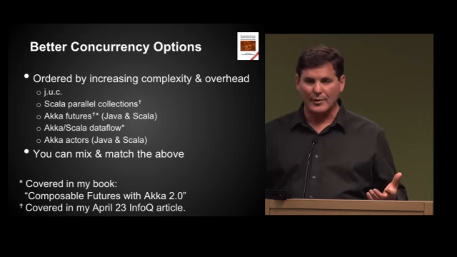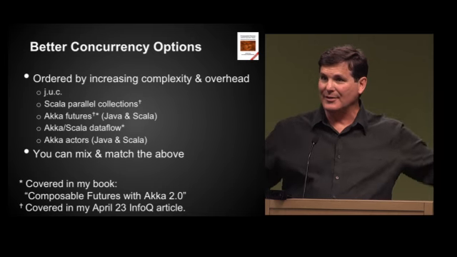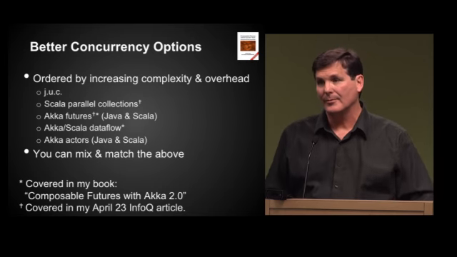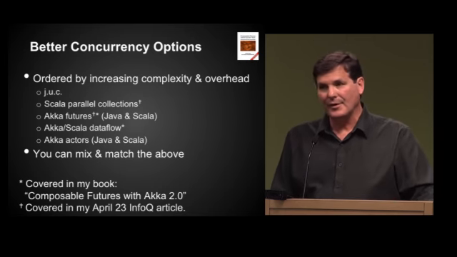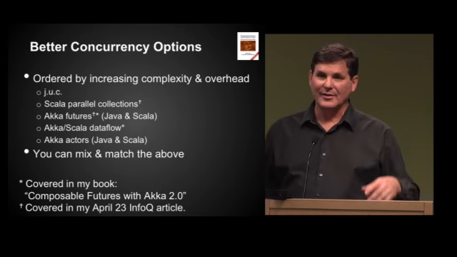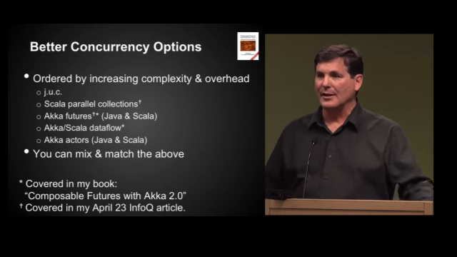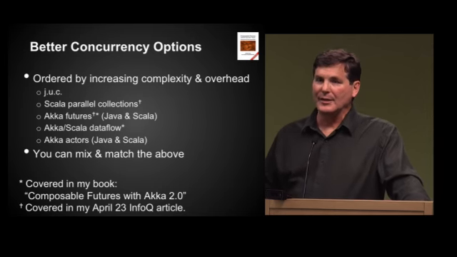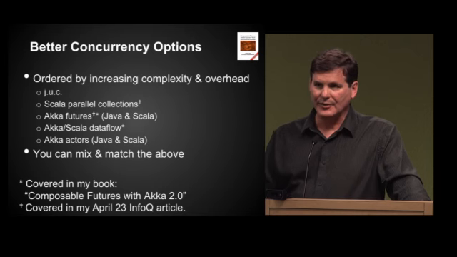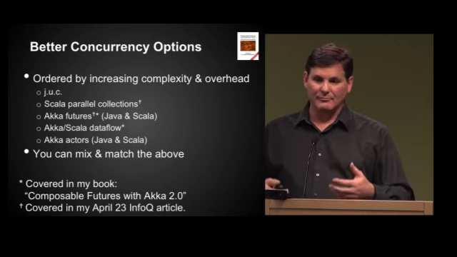So if you weren't familiar with everything I showed you on that slide a ways back when it said, here's all the things you get with j.u.c, you should know them. Sometimes there's nothing like using that. If you're a Scala programmer, the next simplest thing you can do that runs on many cores is to use parallel collections. If you're working Java, this isn't an option for you, but it's fall down dead easy.